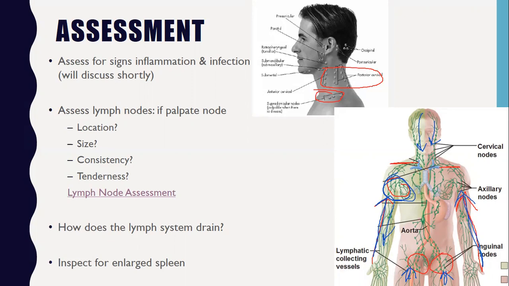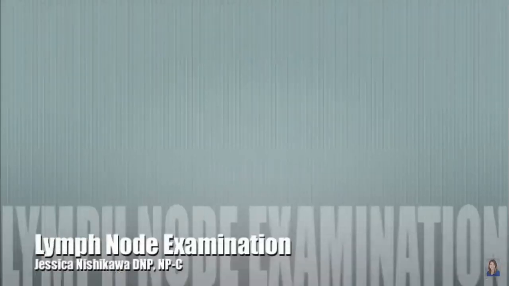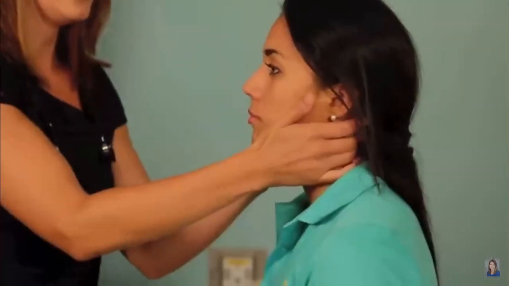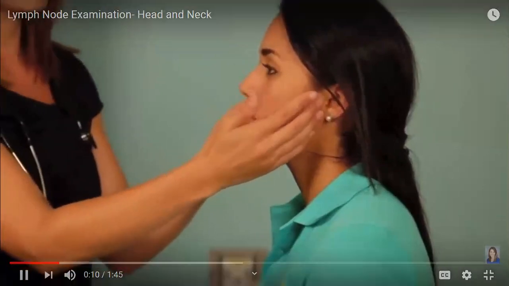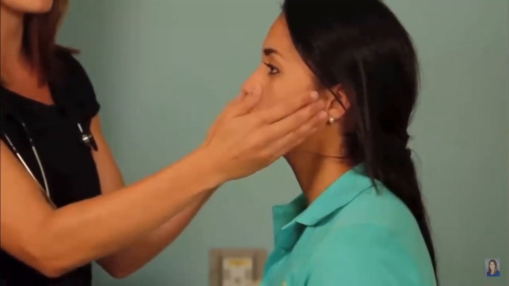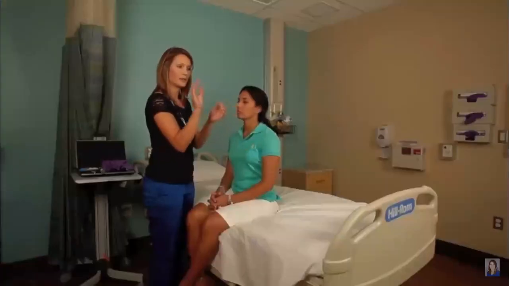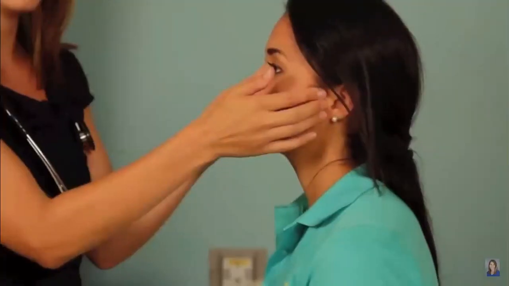So I am going to show you guys this video of a lymph node assessment being performed. Palpate the neck. I'm going to start with the pre-auricular, which means before the ear. When I'm palpating for the lymph nodes, I'm using the pads of 2 to 3 fingers, just using kind of a circular motion.